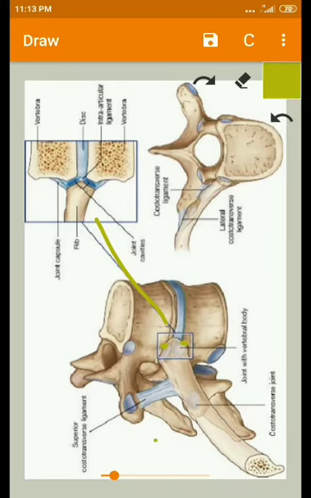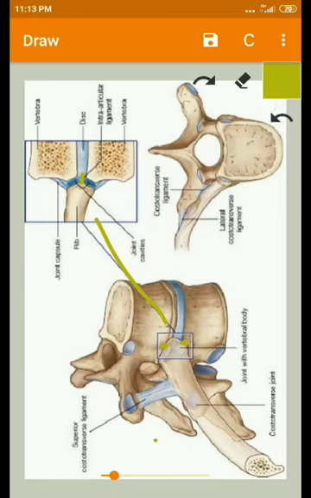So that intra-articular ligament connects the ridge and the intervertebral disc and divides this joint cavity into two cavities. A single joint cavity is divided into two cavities because of the presence of the intra-articular ligament. That means this ligament is present inside the capsule, so it is called intra-articular ligament.